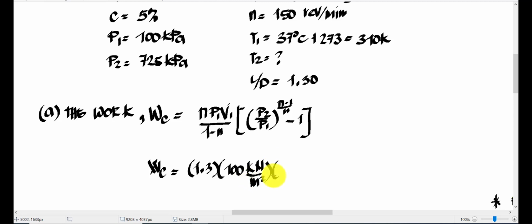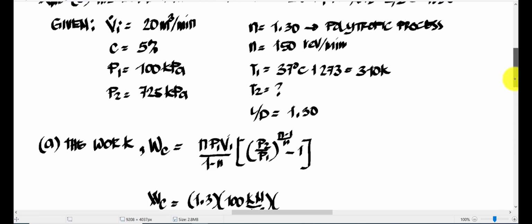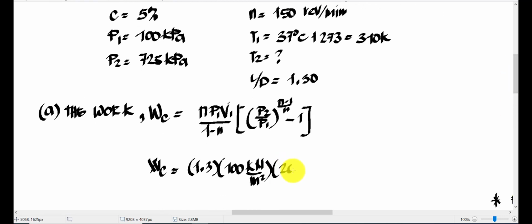Then our volume 1, which is given in the problem, that will be 20 cubic meter per minute, all over 1 minus n.